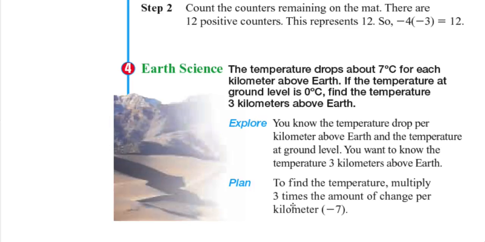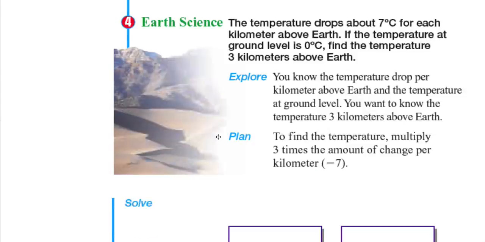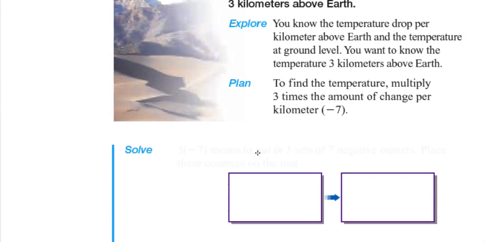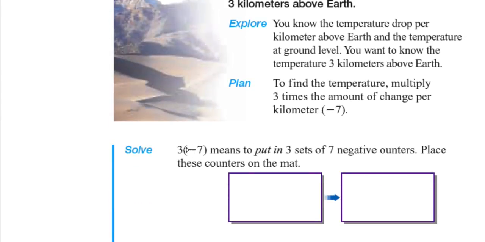We need to multiply 3 times the amount of change per kilometer, which in this case is negative 7 degrees. Why negative 7 degrees? Because it drops 7 degrees for each kilometer. So we need to multiply 3 times negative 7, which means to put in 3 sets of 7 negative counters on the mat.